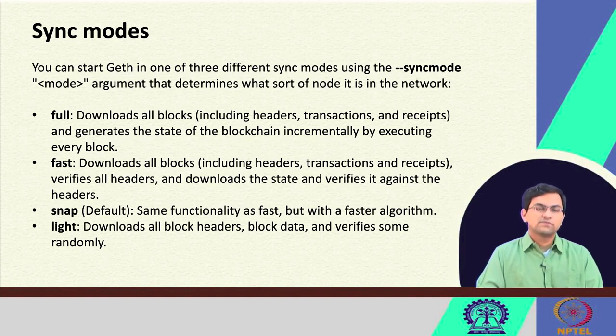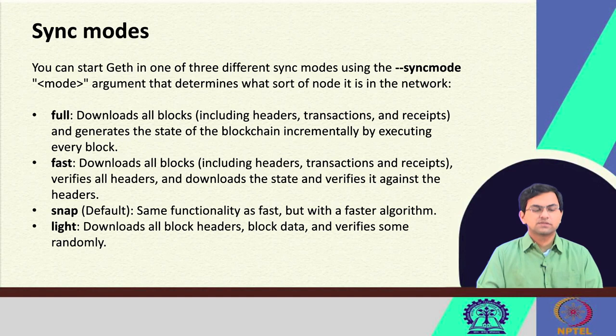As you can understand, a full node is basically replicating the entire ledger and also validating it entirely, and as a result, this is the most resource heavy. So, you need a high computing and storage power to run a full node.